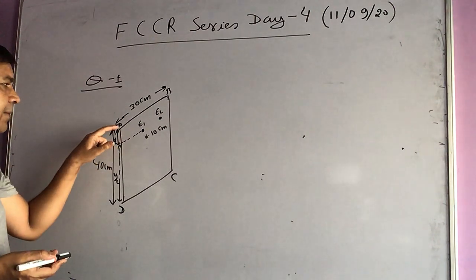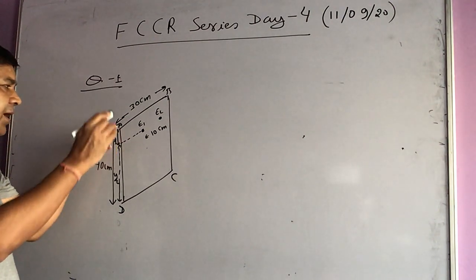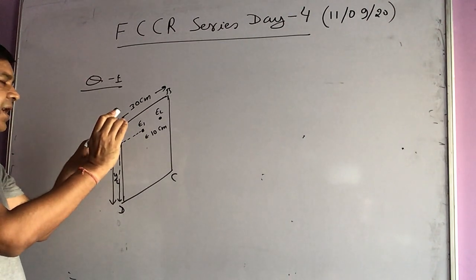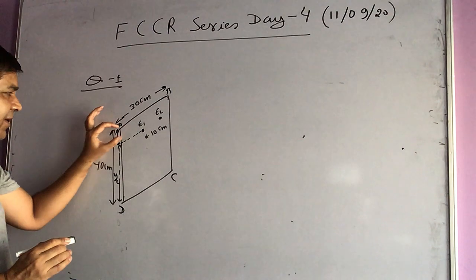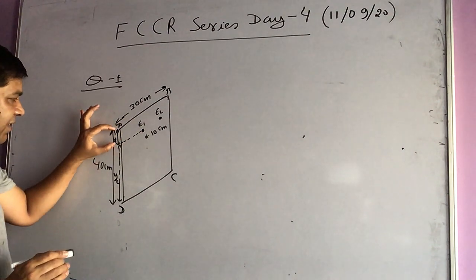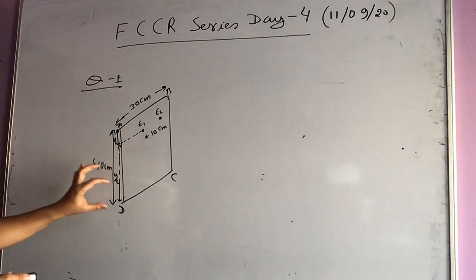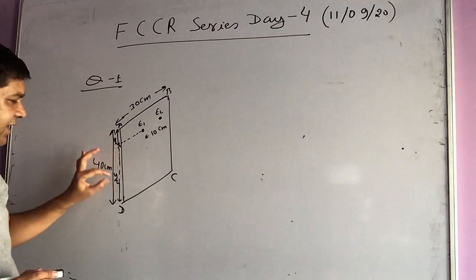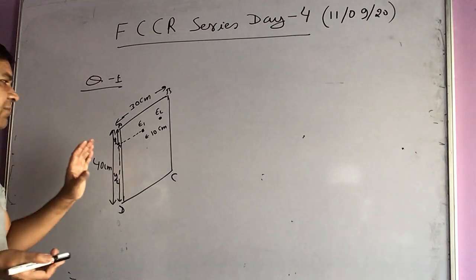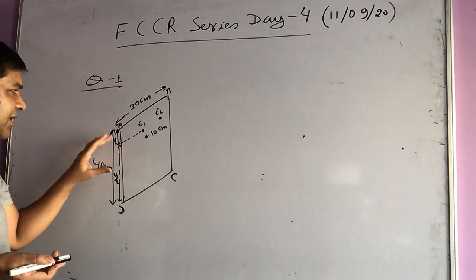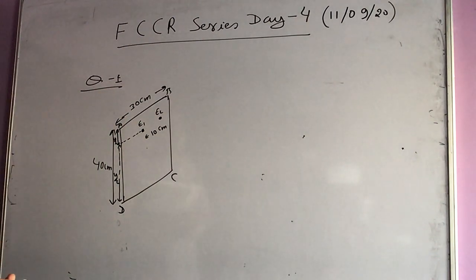Because when the ray reaches from A to the mirror and then to E1, vertically it has to lie at the midpoint of the height Y1. So and so on, for Y2 the vertical height should lie at the midpoint of Y2. So the vertical height is going to be the same if the image of A and D is seen by either E1 or E2. But at the same time the width will be different.